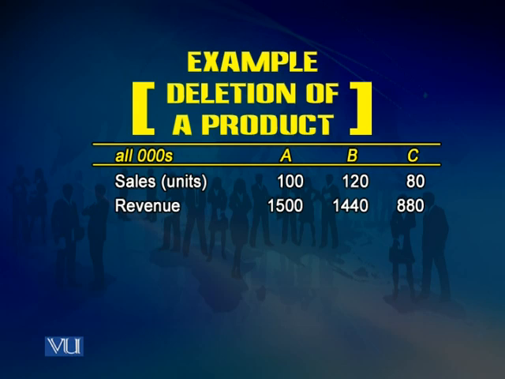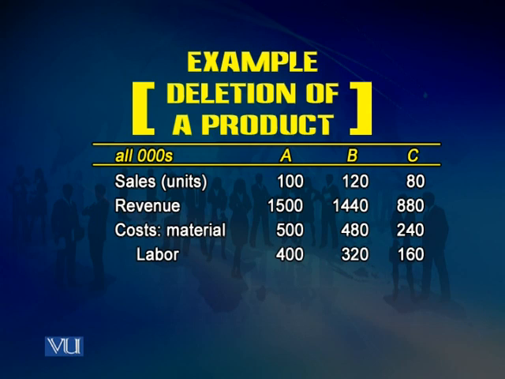Revenues for the coming year are expected at 1500, 1440, 880. Costs: material is 500, 480, and 240. Labor is 400, 320, 160. And overheads are expected at 650, 600, and 360 for the 3 products.